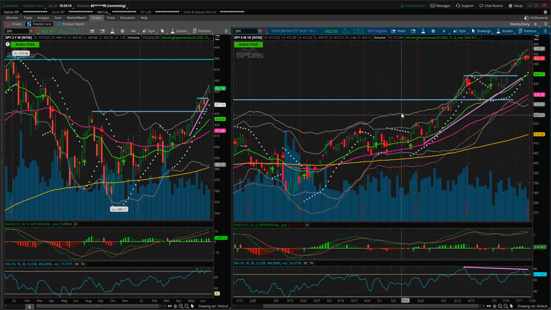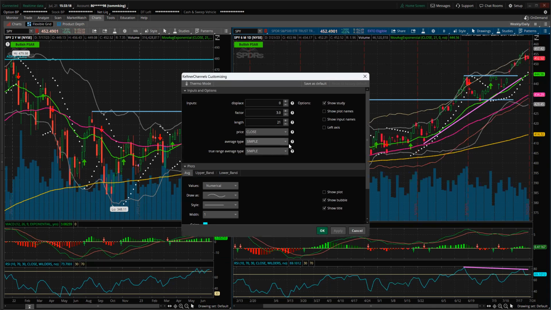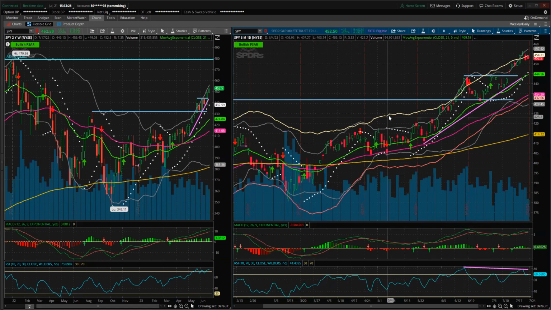Okay, the last thing that's on here is this red and yellowish. To me, this is the Keltner channel with a factor of 3. So I'm looking at a 3 average true range using a length of 21. I'm looking at a 3 ATR move. So this is a 3 deviation move on the Keltner channel, and this is used for me to tell whether we are overbought or oversold.